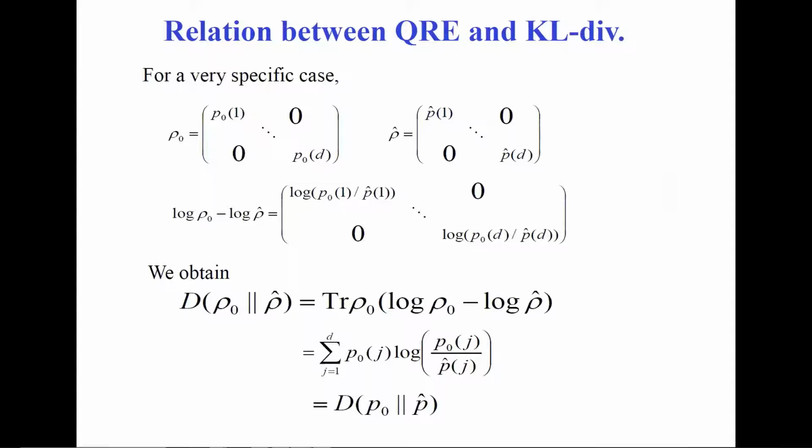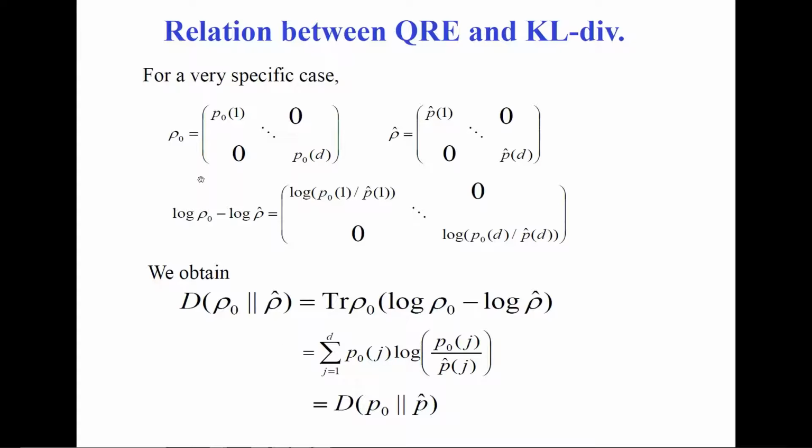We can easily see the relation between quantum relative entropy and Kullback-Leibler divergence when two density matrices are commutative. If two density matrices are commutative, we can diagonalize both density matrices with a common unitary matrix.